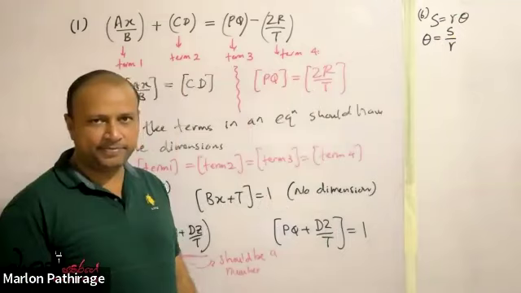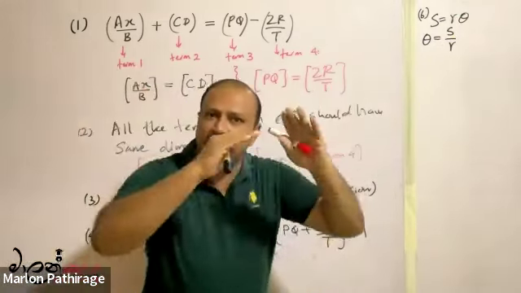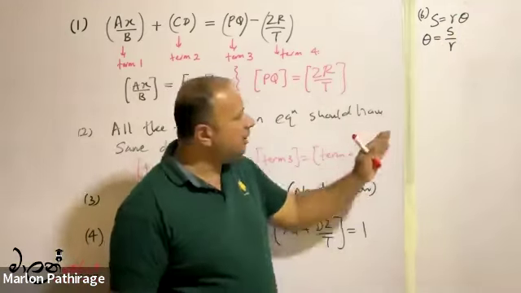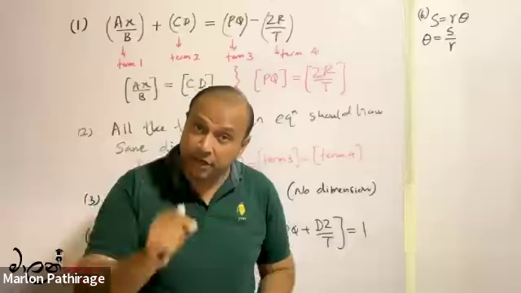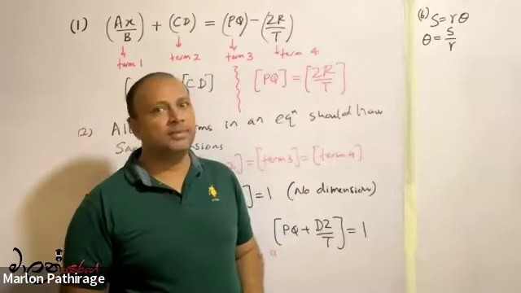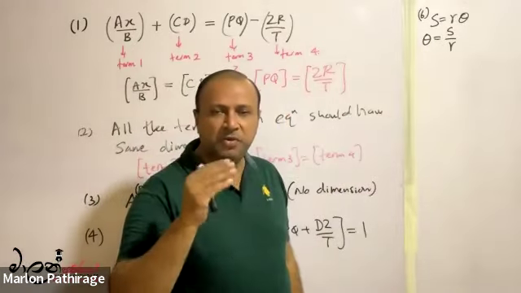So it is very clear. s is the arc length. r is the radius. Radius is also a length. Therefore, this ratio is a ratio between two lengths.